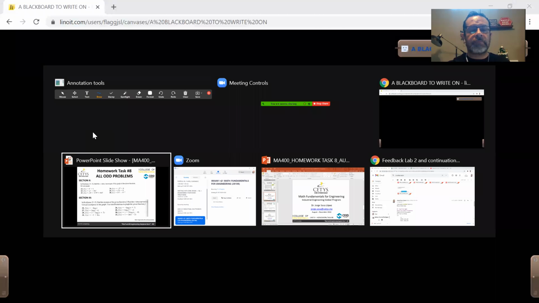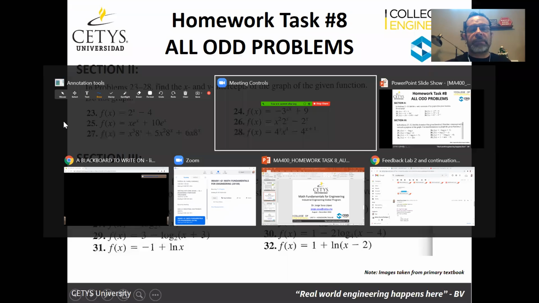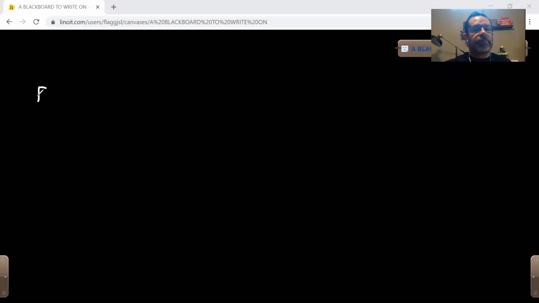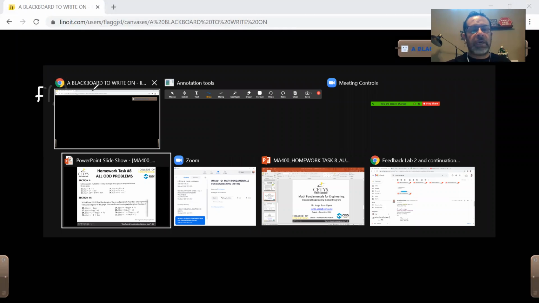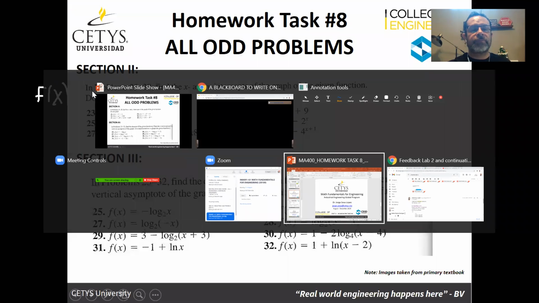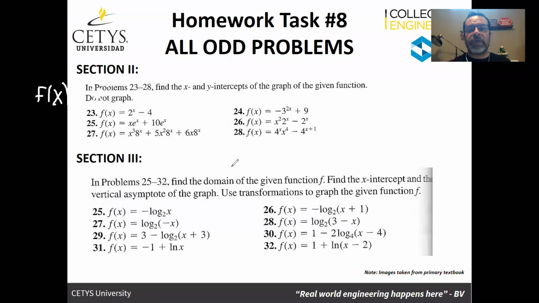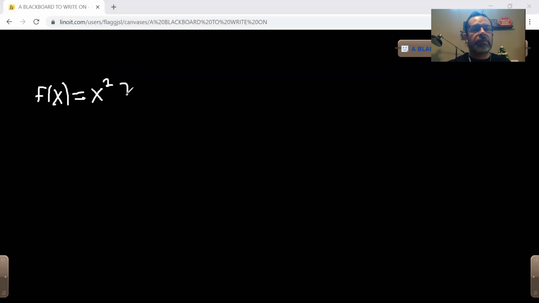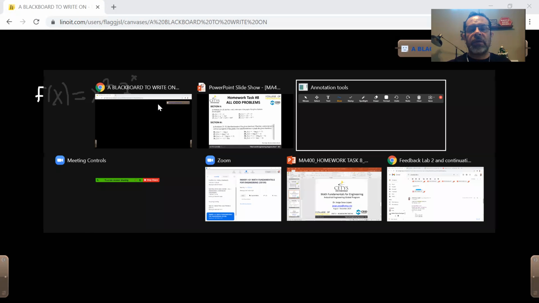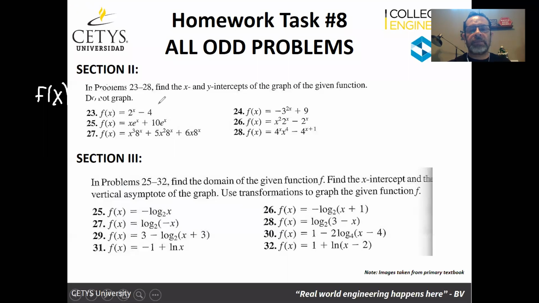So we're going to have f of x equals x squared, and that's multiplied by 2 to the x. And then we've got minus 2 to the x.